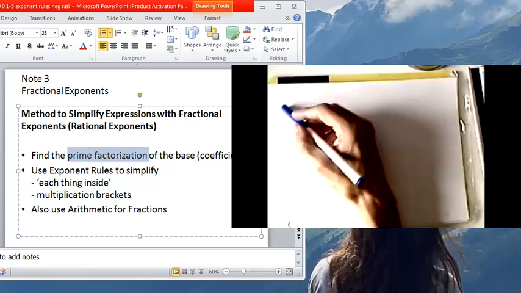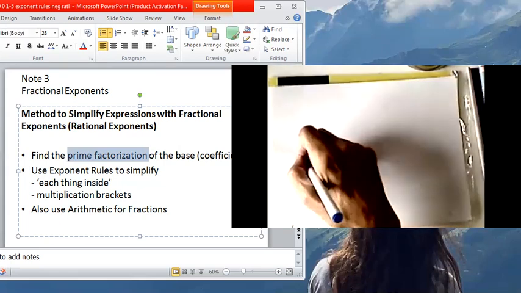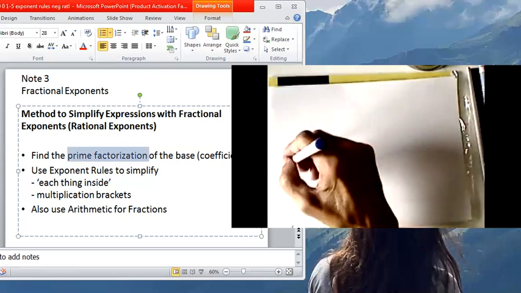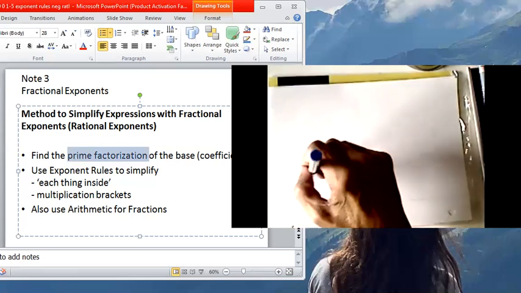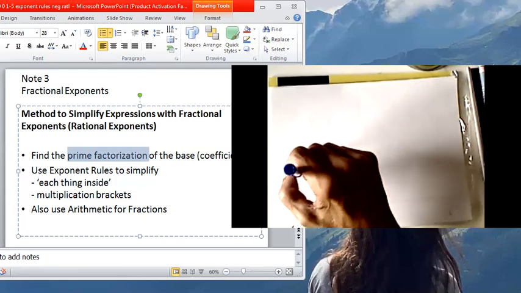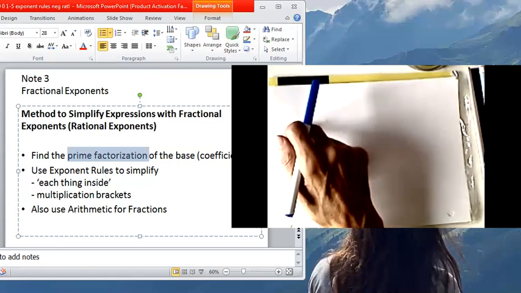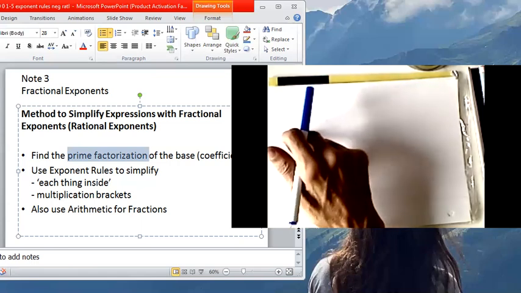You either make a tree, or you can do repeated division, but at the end of the day, you get a big list of numbers that you can combine together to get the exponents for. Okay, so prime factorization first.